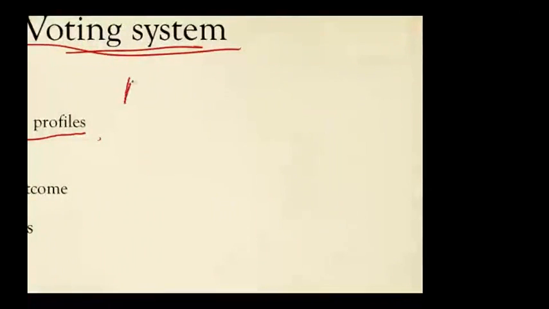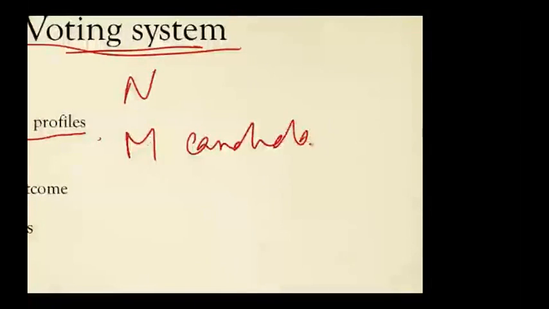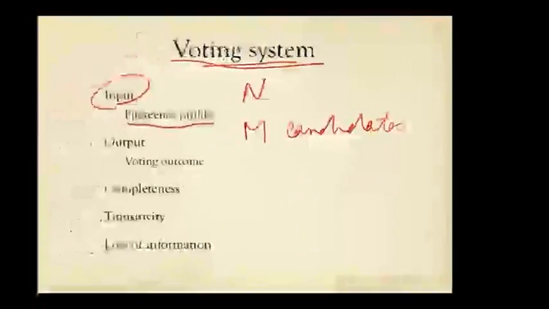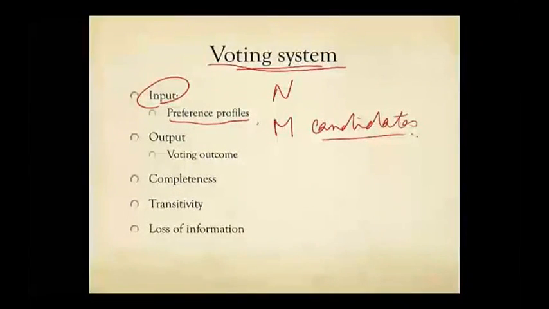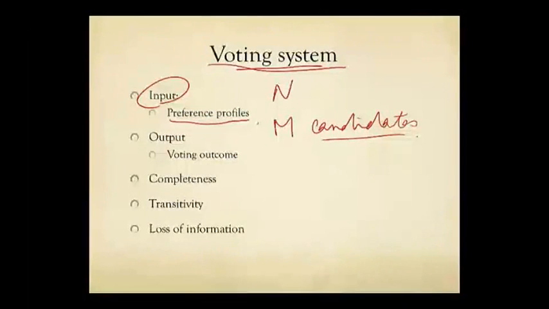And let's say there are n voters. They can rank order m candidates. The candidates could be real people running for election, or they could be just different choices, options that one need to choose from. So we've got n voters and m candidates.